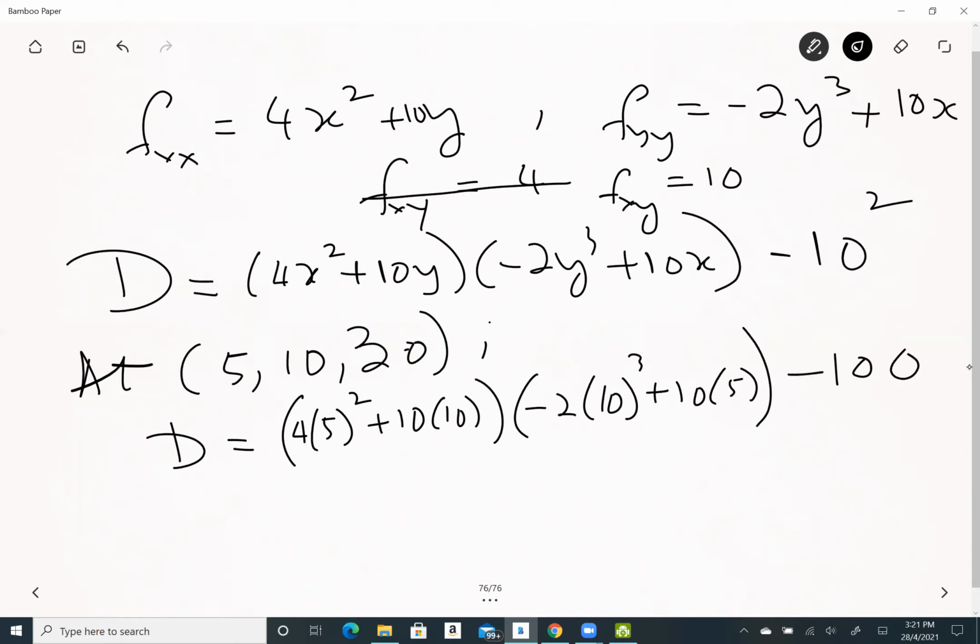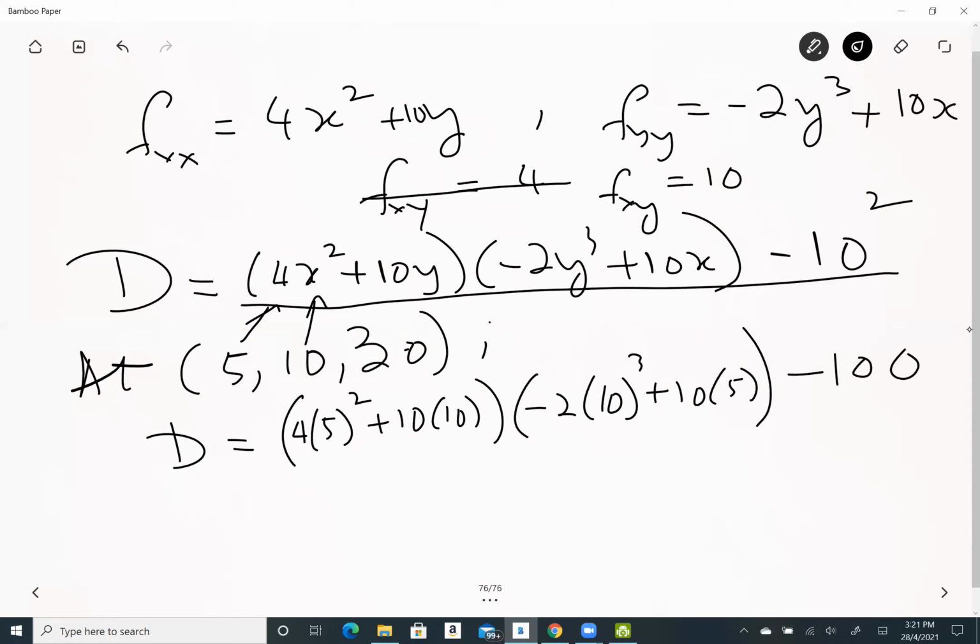So you got that thing. So what I'm trying to tell you here is don't worry about how big the D is or how many variables there are. You put in the value of the x, put in the value of the y for the critical point into the D to determine the value.